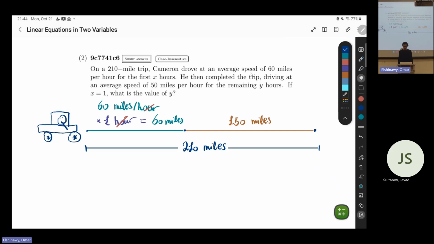And he was going at an average speed of how much? So 50 miles per hour times y, which is the number of hours, gives us 150 miles. So what is y hours? Maybe I'll write it like this.